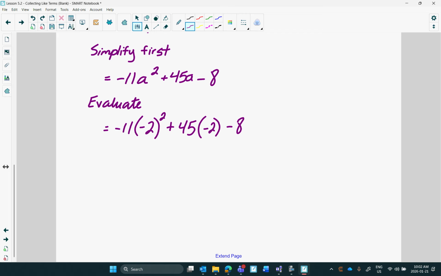All right, so now we've got to start calculating. What do I do first here? The square. Yeah, so what is -2 squared? 4. Positive 4. Okay, and -11 times positive 4, -44. Plus 45 times -2.